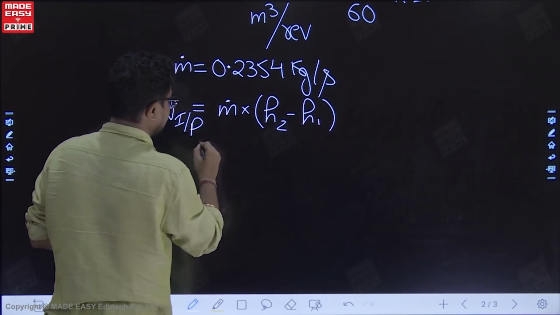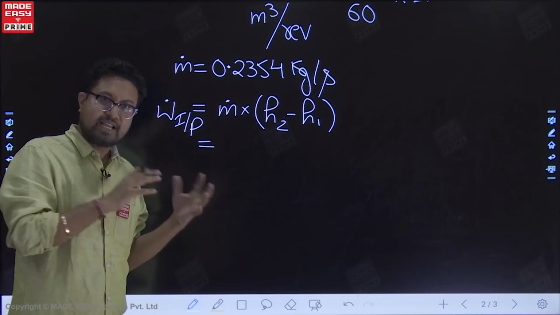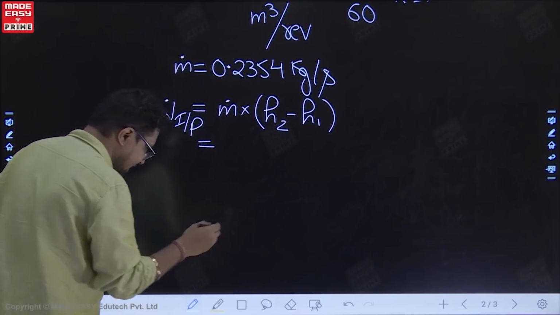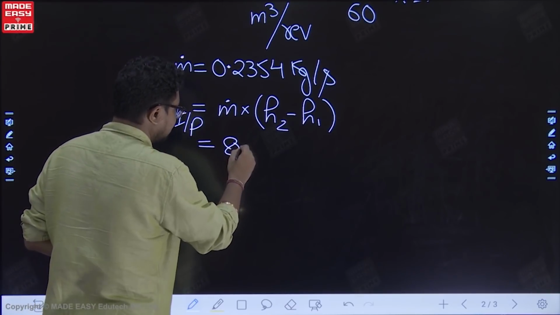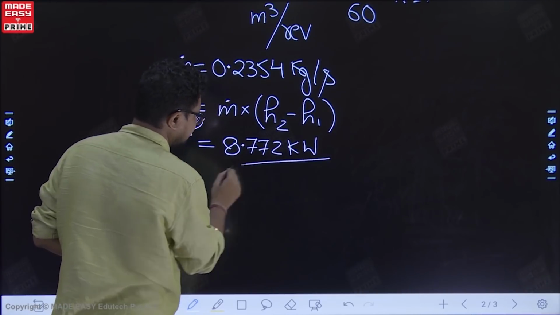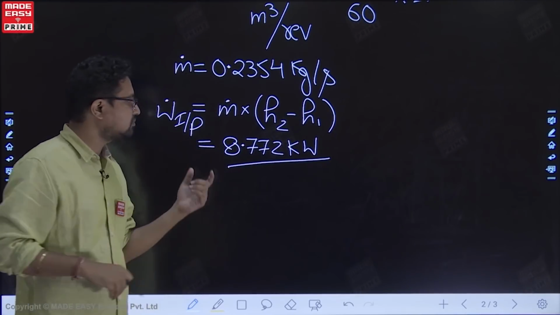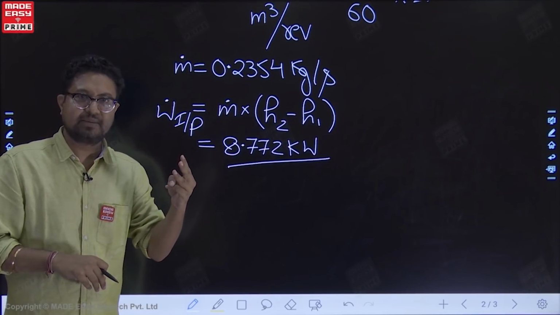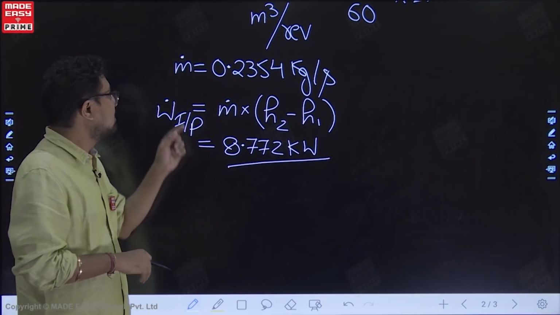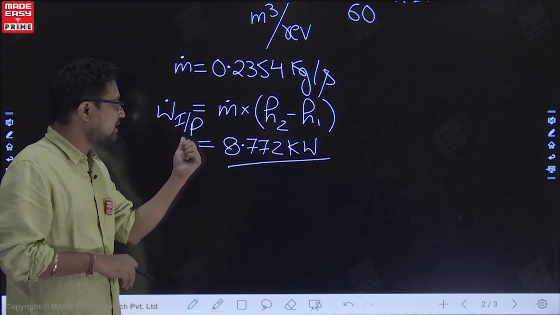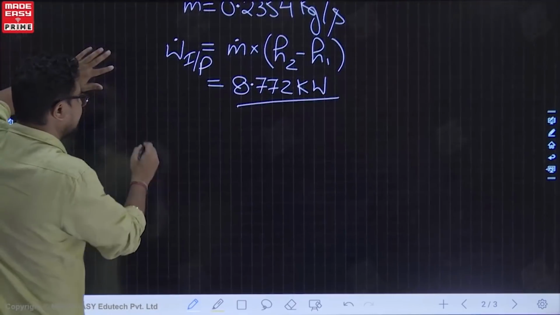We can keep the mass flow rate and H2 minus H1 and get the power input, which is 8.772 kilowatt. So this is the power input. Three things have been asked in the problem: mass flow rate, power input and refrigeration capacity.